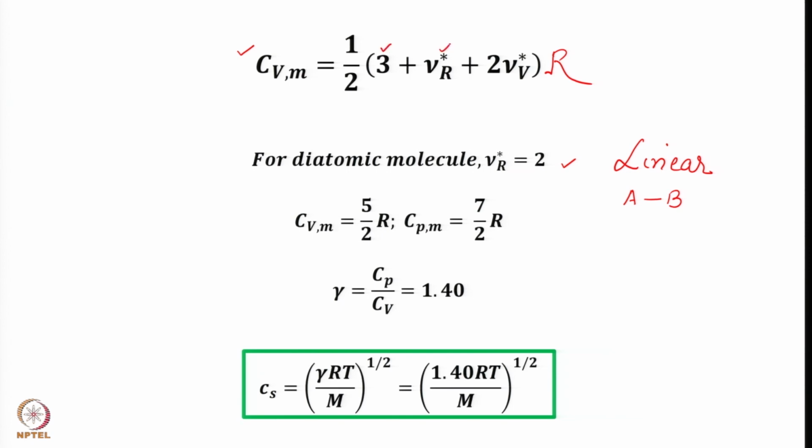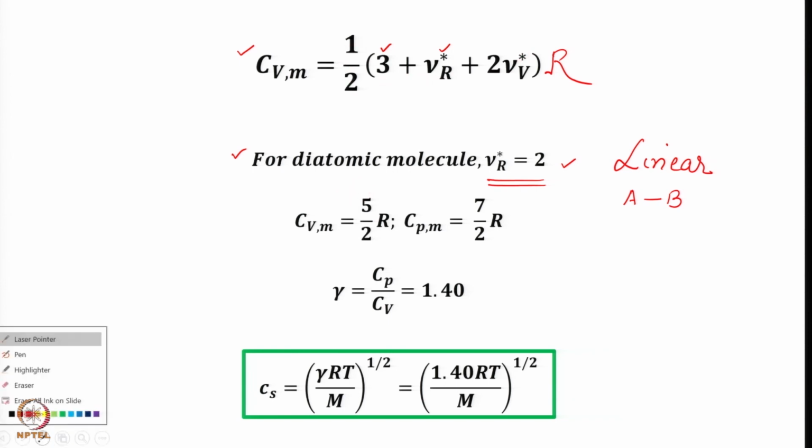Rotation is active, so nu R star; since we are dealing with a diatomic, linear molecule, nu R star is equal to 2. Then 3 plus 2 is 5, so 5 by 2 R. Nu V star is 0 because vibrational modes are not active. So Cvm is 5 by 2 R.